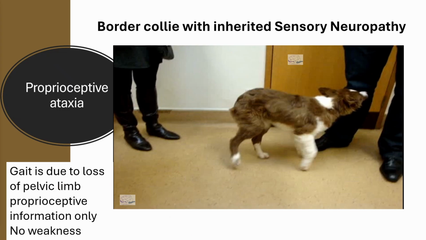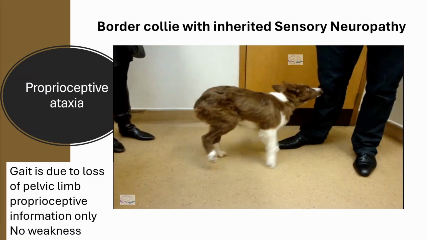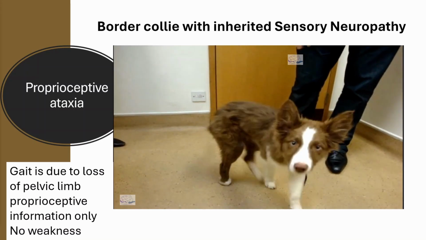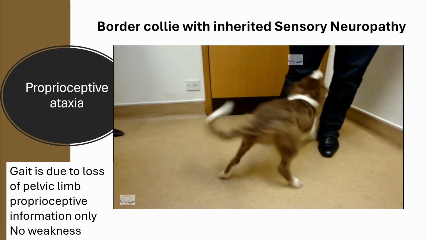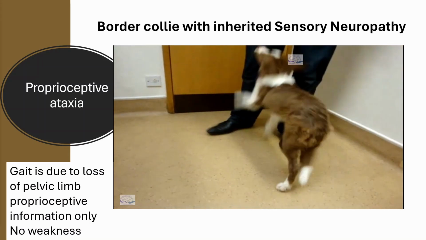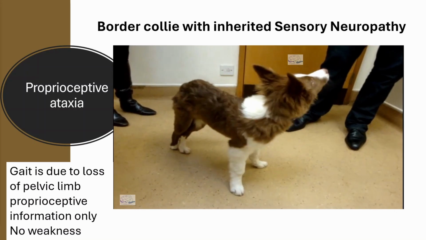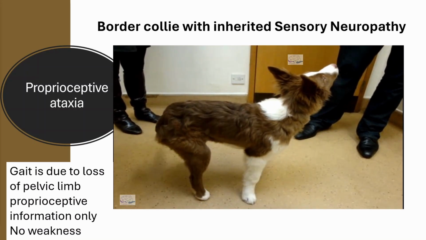So here we have an example, and this is a border collie with an inherited sensory neuropathy. Now, it does affect other sensations as time goes on, but at this stage the dog just has a conscious proprioceptive deficit and also has absent nociception. And you can see with this dog that he frequently falls, and that joint placement in the pelvic limbs, the thoracic limbs are currently normal, is very poor.